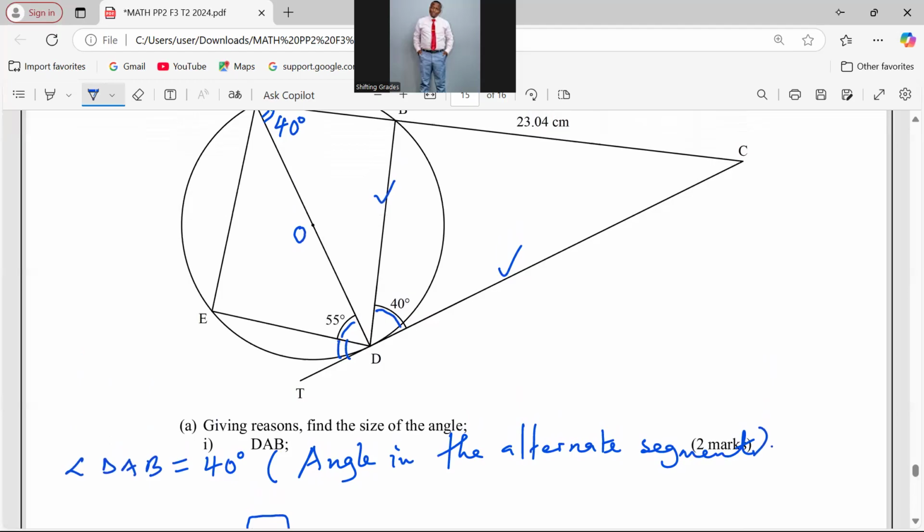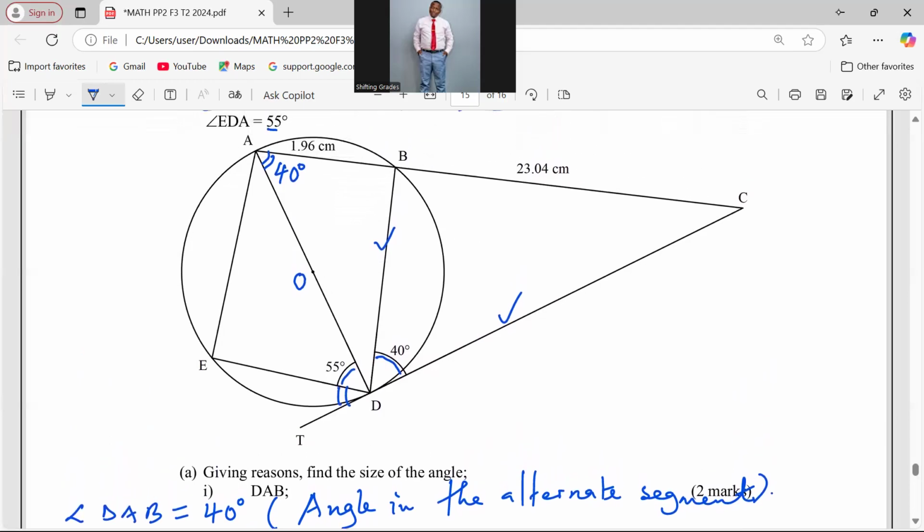There are several ways through which we can find this angle. One is that we can check that AOD is a diameter, now that it passes through the center of the circle. And we know that angles subtended by a diameter at the circumference are usually 90 degrees. So we will be very right to conclude that the value of this angle is 90, and also the value of the angle at this point is also 90.